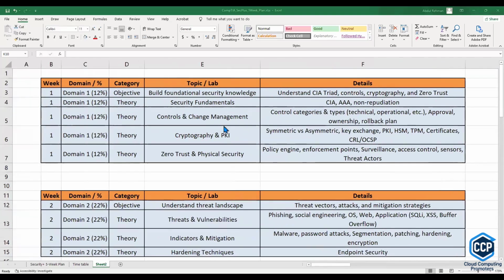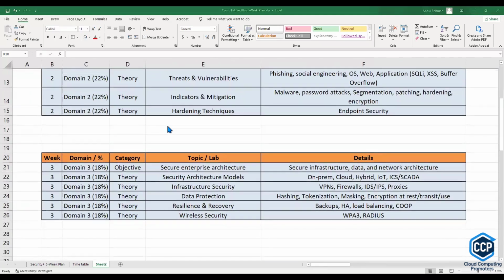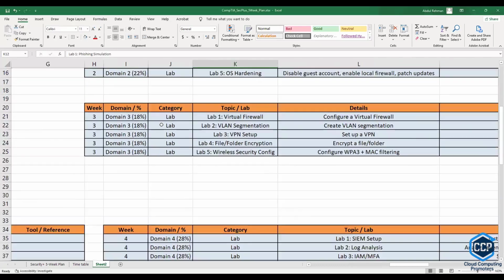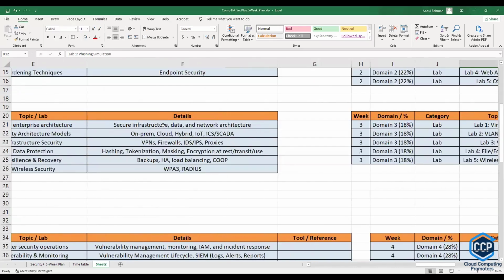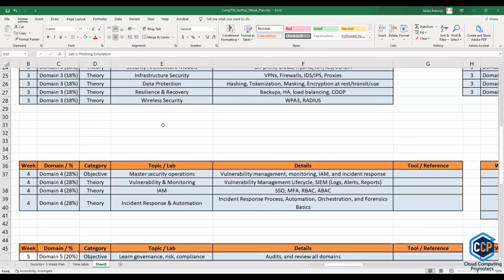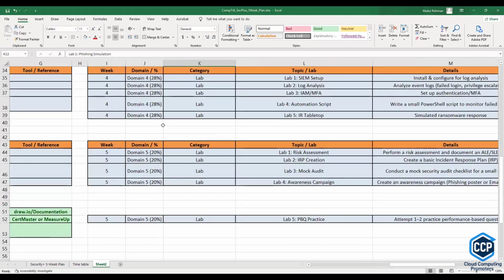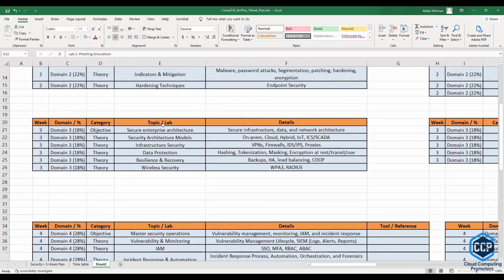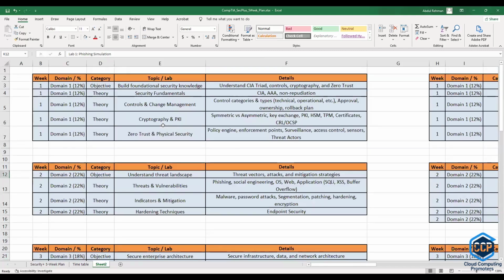So what will be domain 1, domain 2, and domain 3, what all the topics will be there and what will be the labs in these domains we'll be covering. And these are lab focused. You will also be given a couple of questions which you can go through before your interviews also.